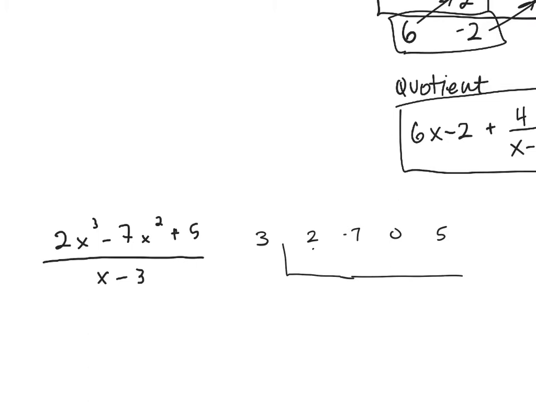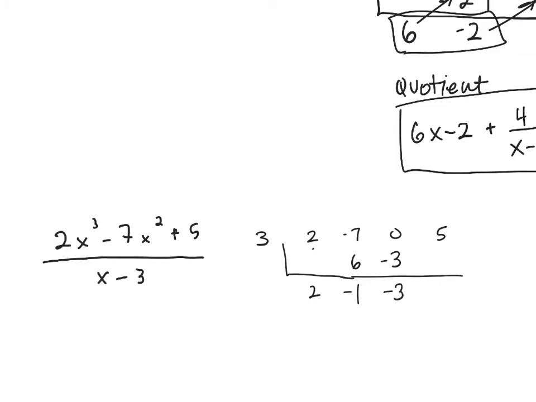Now we go through the algorithm. This first number always drops down to underneath. So 2, and then 3 times 2 is written here, so that would be 6. These values add, negative 7 plus 6 is negative 1. Now these terms multiply, and that's written here, which is negative 3.